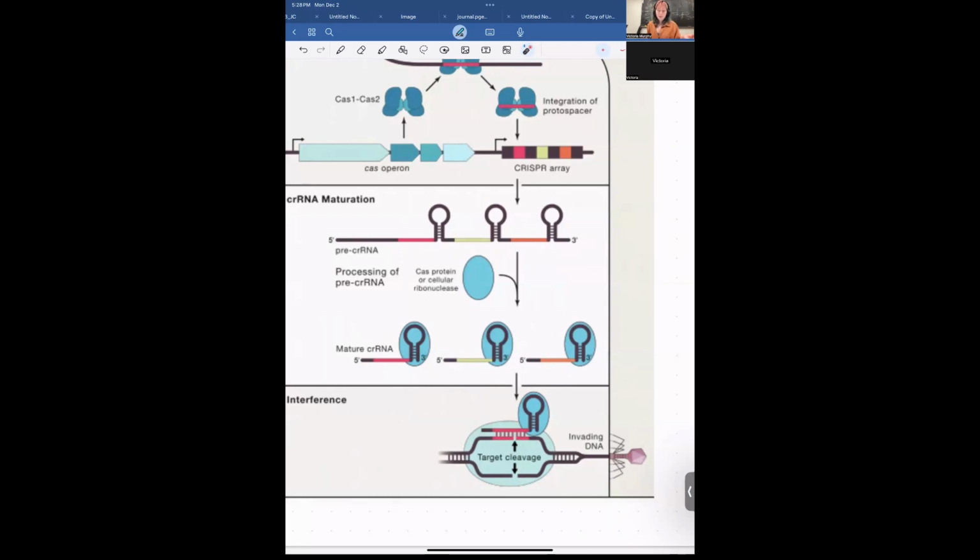The Cas9 protein and this CRISPR RNA form a complex to target and disable invading viral DNA. So essentially, this weird sequence oddity in bacteria turned out to be a mechanism of bacterial immunity against invading viruses.